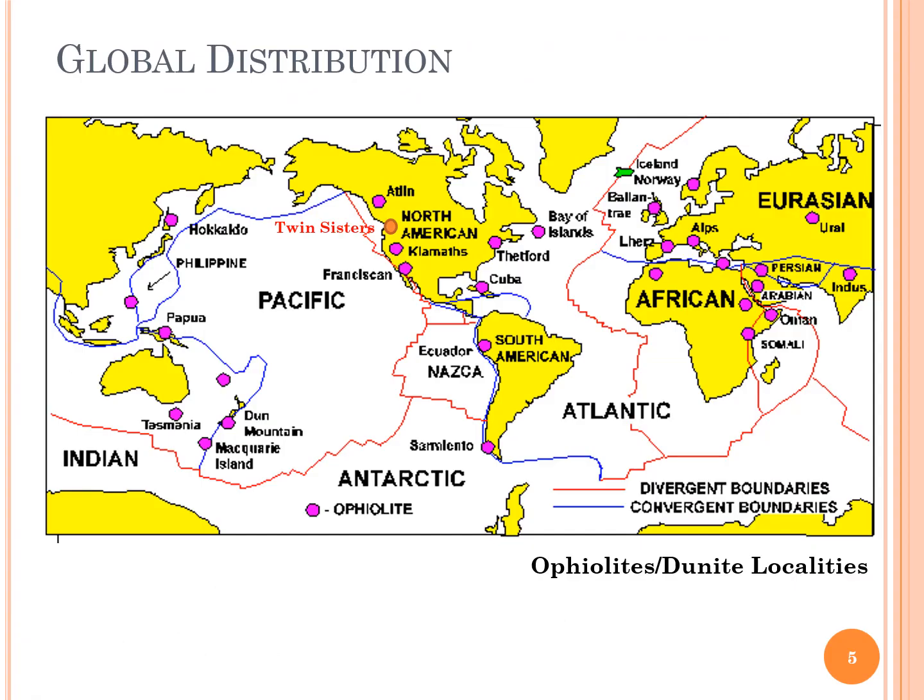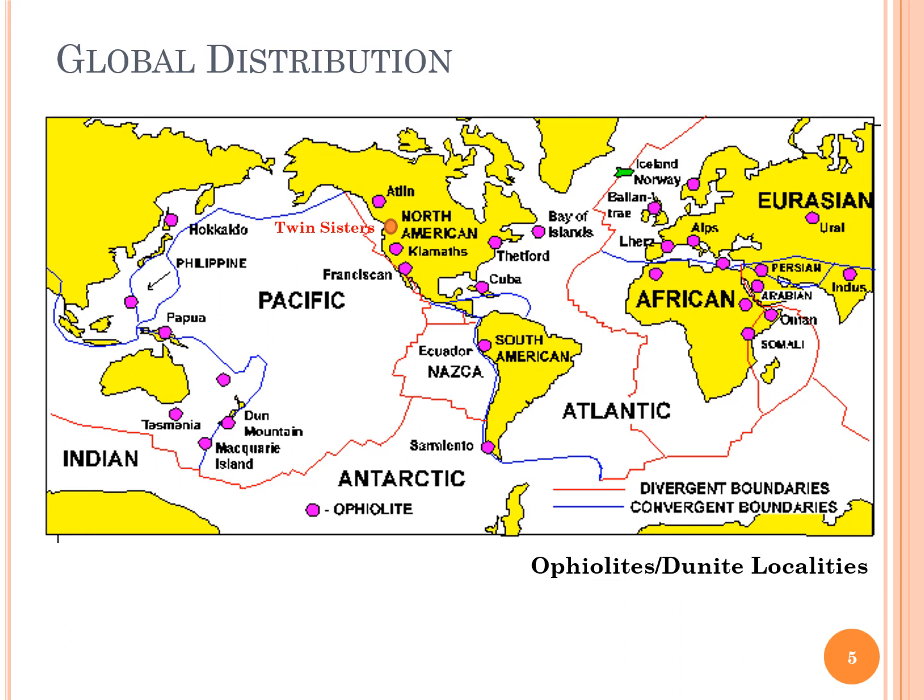Now, if we take a look at the global distribution of dunite, you can see here on our world map, Twin Sisters there in Washington State. There are several other outcrops throughout the world, although, again, dunite is a rather unusual mineral. We'll describe a little bit more about that later, about why that's the case. I want to point out one area here in New Zealand down to the south.